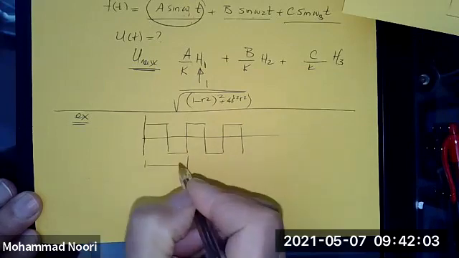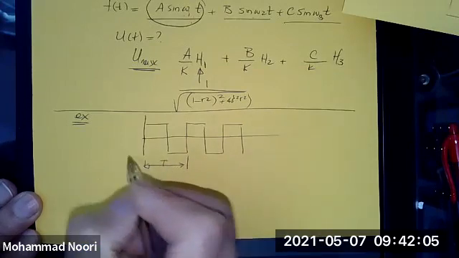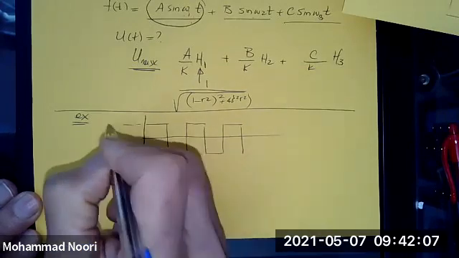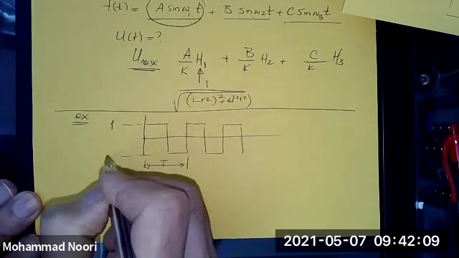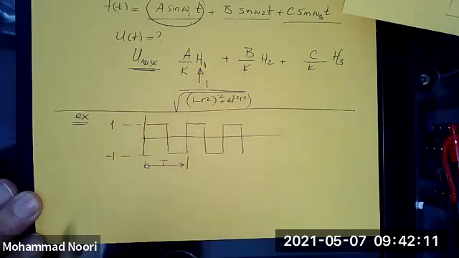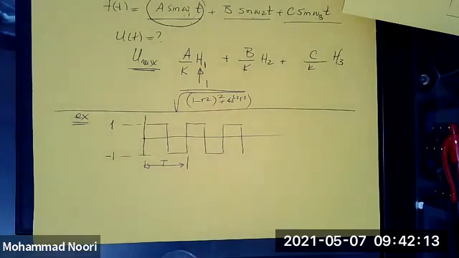So this function has a period, and let's say the magnitude of the function changes between 1 and -1, okay?